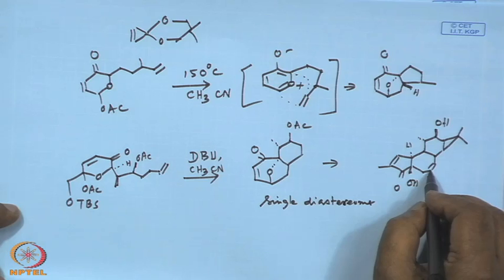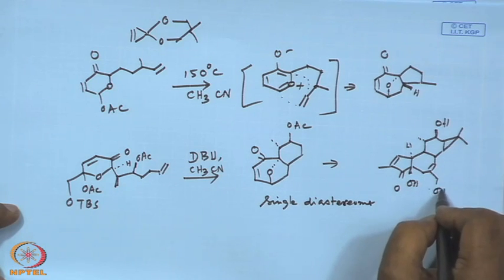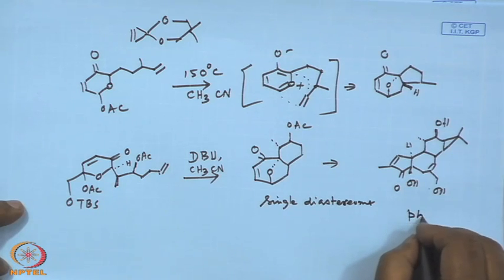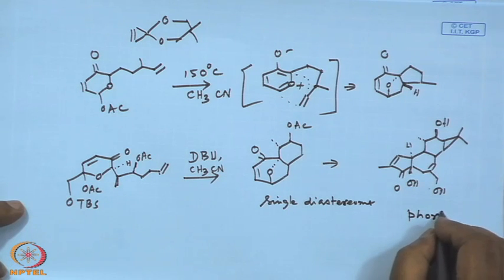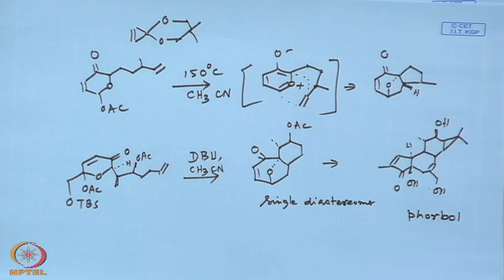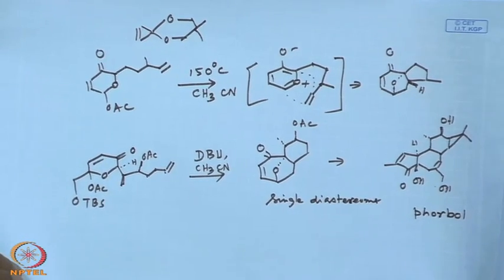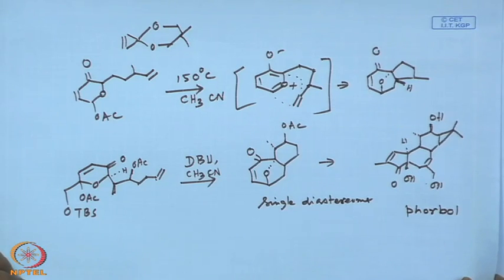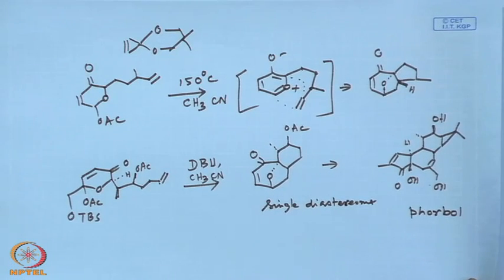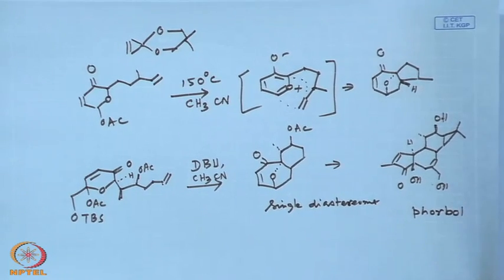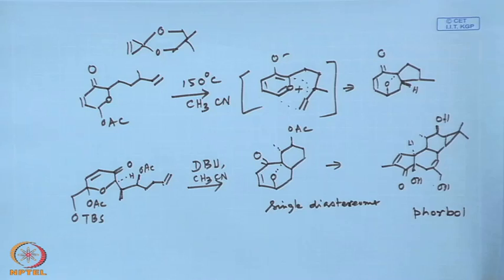Then you have a double bond here, then this OH, and many things. And it is a very famous molecule actually, known as phorbol, a lead compound for anti-cancer and anti-HIV activities. This molecule has been of interest for many years, and it has been prepared by Paul Wender, a well known chemist, but the methodology relied upon this one.